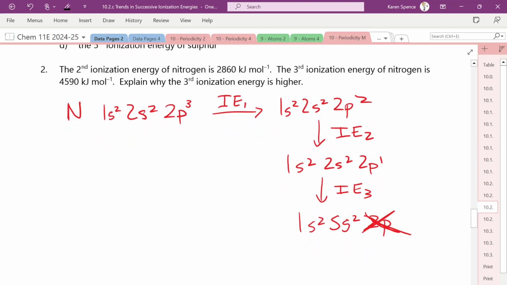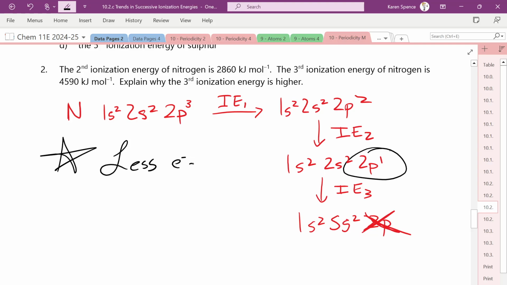Why is the third ionization energy harder or higher? Because we have fewer electrons, there's less electron-electron repulsion. If that's not what the answer key says, then tell me to fix it. Is that what the answer key says? Okay, if there's less electron repulsion, does that mean there's more Coulombic attraction? Yep. And thus the remaining electrons are more strongly held by the nucleus.